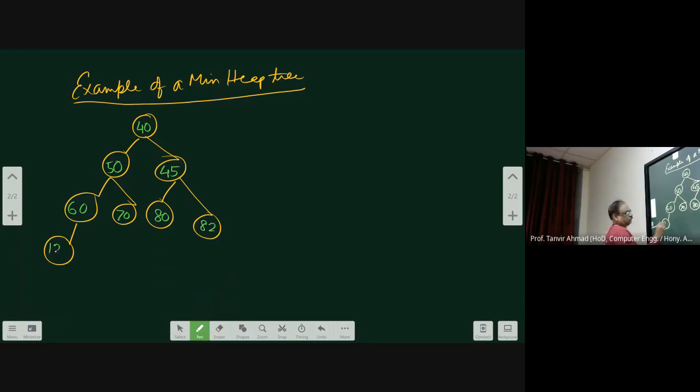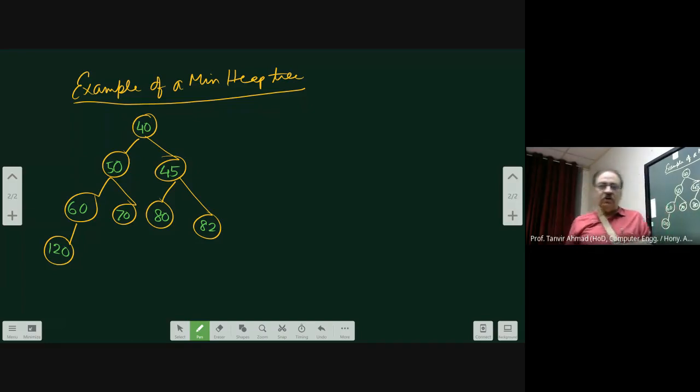maybe this is an example of a min heap tree where the root is always smaller than all its children, and therefore this is a min heap tree. Now the question is, where will you use a min heap or where do you use a max heap? The choice is simple.